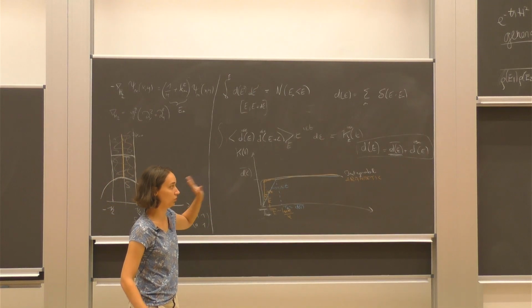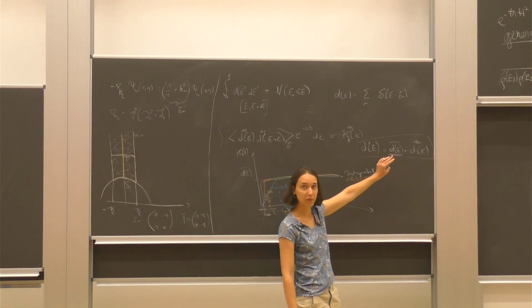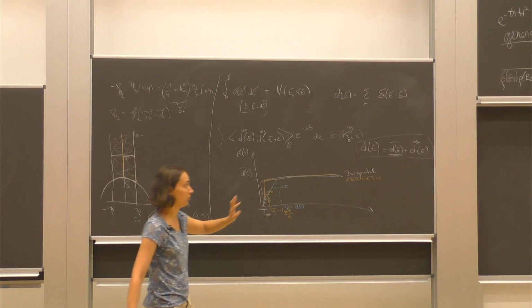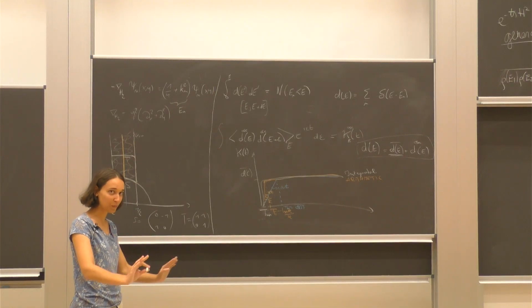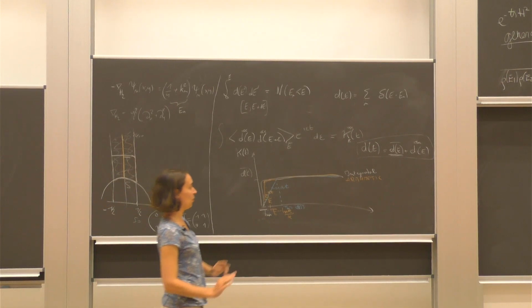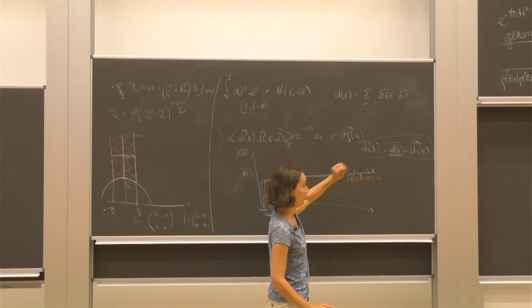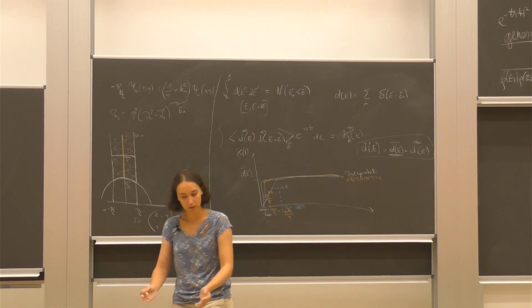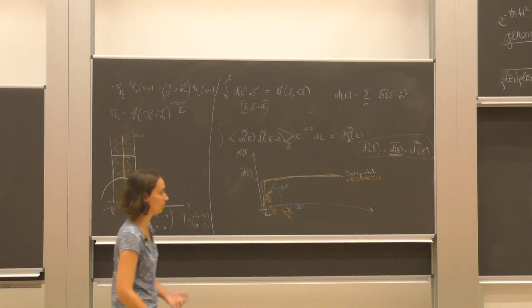So the point now is I want to discuss periodic orbit theory because I think it's a beautiful topic, and I have to warn you, it is a tiny bit technical. You can apply it for generic chaotic systems.